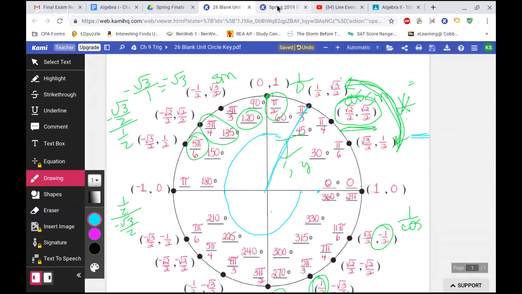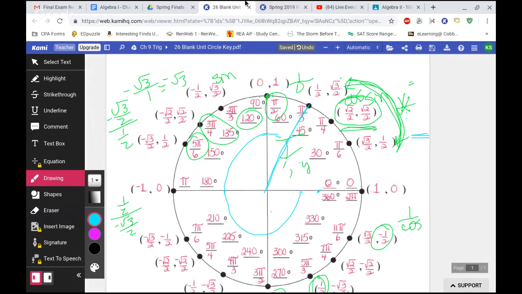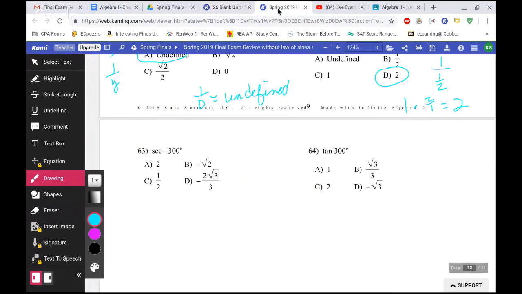Right here. And then I'm looking at secant, which is 1 over cosine, or the inverse of cosine, which is 1 over x. So I'm looking for the x coordinate, which is 1/2, or the inverse of 1/2, which is a.